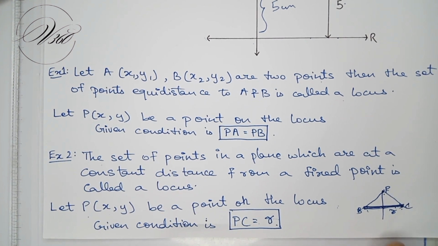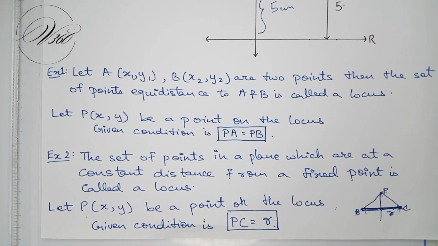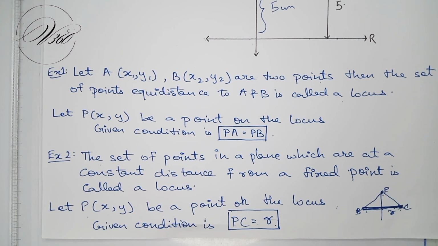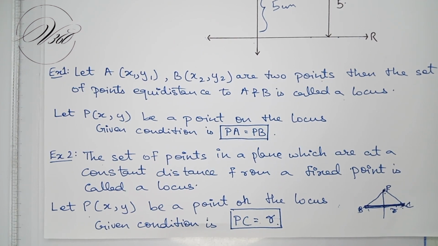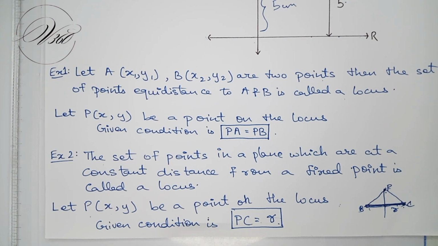Now, the second example: the set of points in a plane which are at a constant distance from a fixed point is called a locus. Let P (x, y) be a point on the locus, and the condition we'll get is PC equals R. Right.